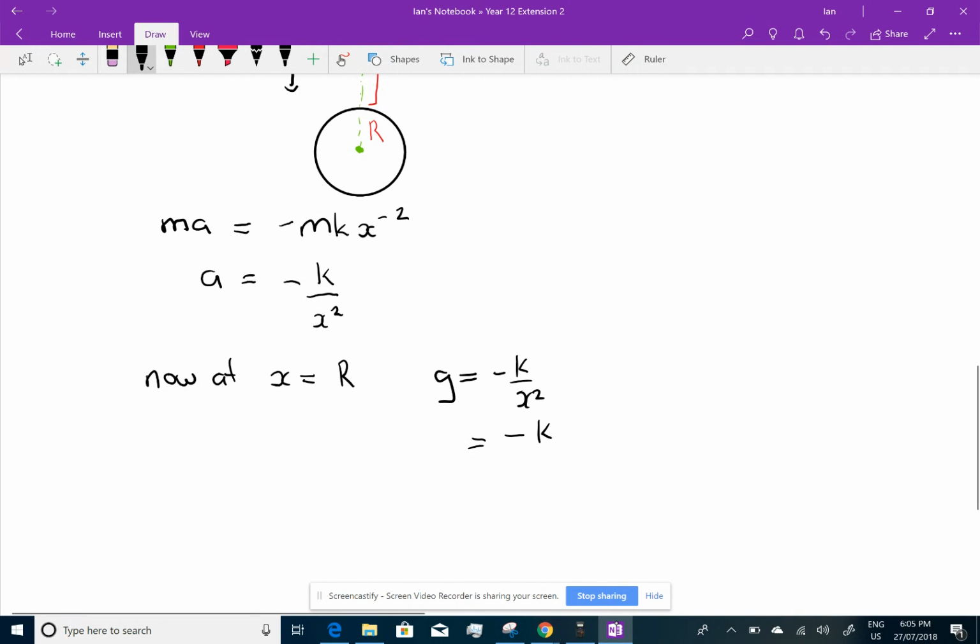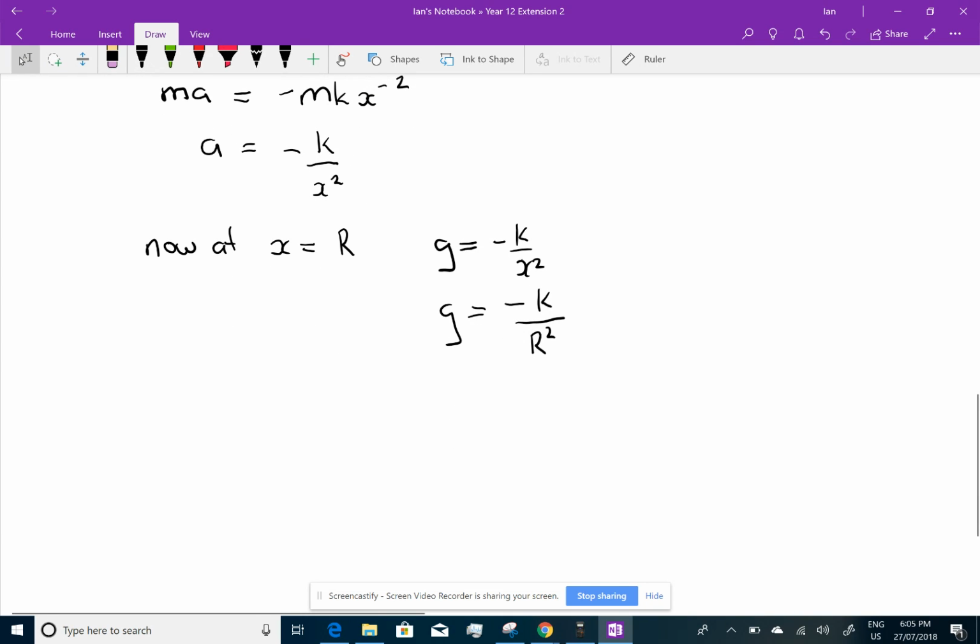Now, x is our displacement, and that's r. And that's what g is. I'm going to multiply that minus r squared over and take the negative over. So I'm going to get negative r squared g, and that equals my constant k.